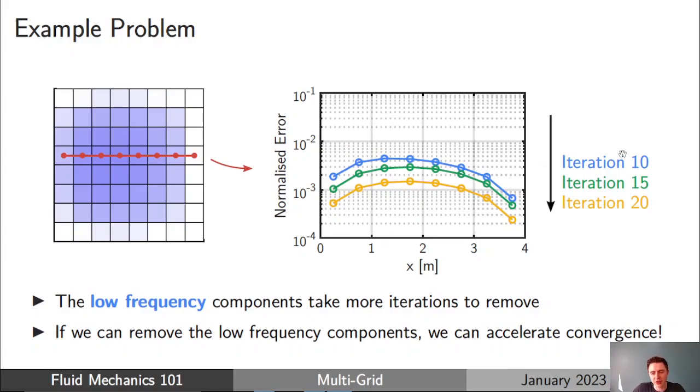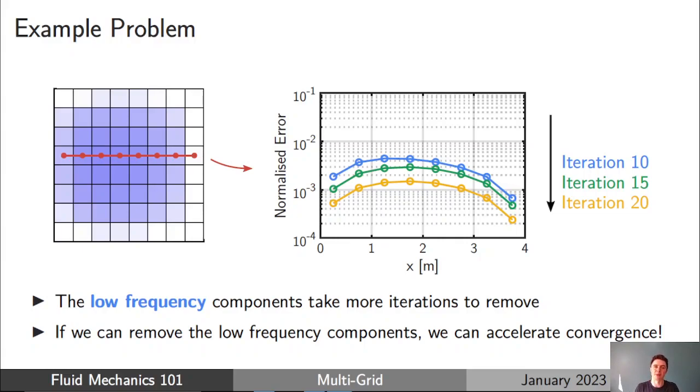And that's what I want you to think about, is that what we want, remember, is to accelerate the convergence of our algorithm. And what's going to be slowing down the ultimate convergence of our algorithm is this low frequency component of the error. If we were able to remove this somehow and get towards a flat line, then our error is actually much closer to being 0, or a very small number, throughout the entire mesh.